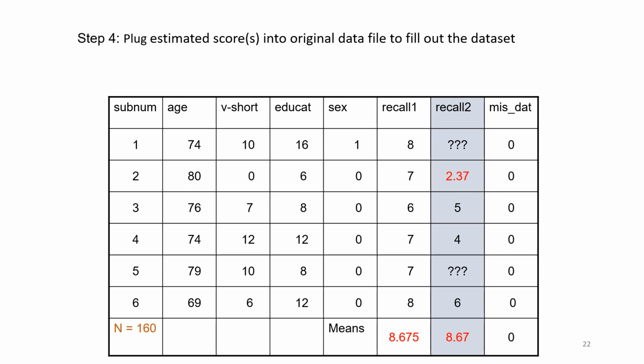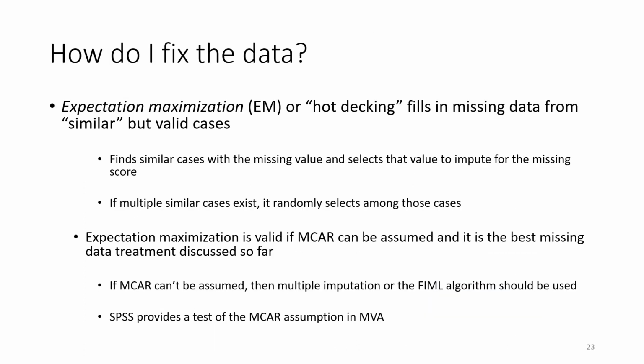If you did that, it would do all of this automatically for you. You don't have to do a thing. So we've seen how you could use multiple regression to fill in missing values in a data set.